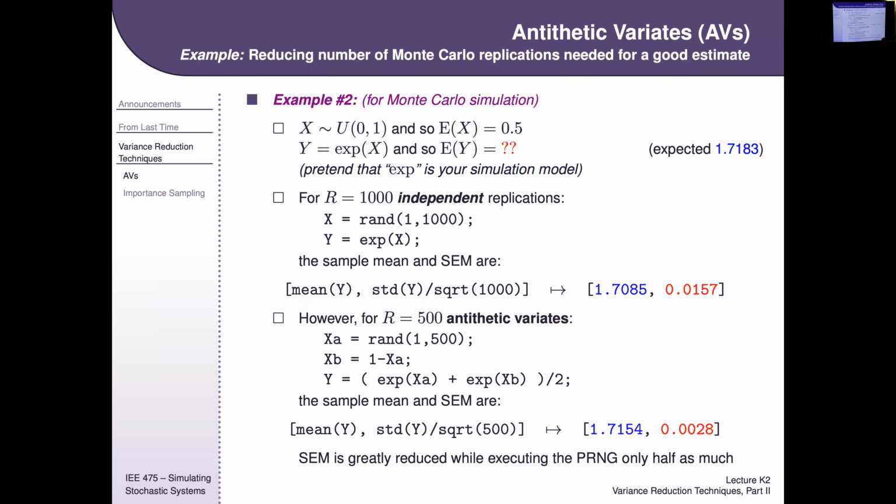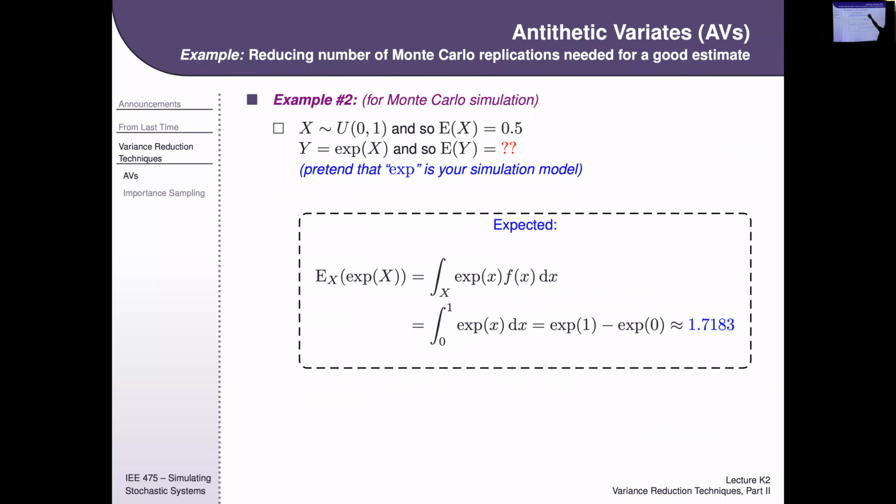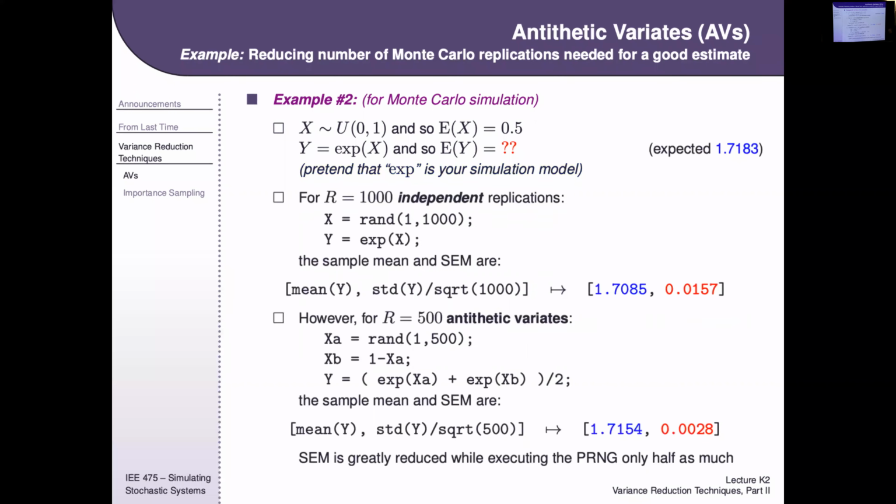This is exactly the same as what I did before for control variates, so we know what the expectation is. I'm going to do 1,000 independent replications.